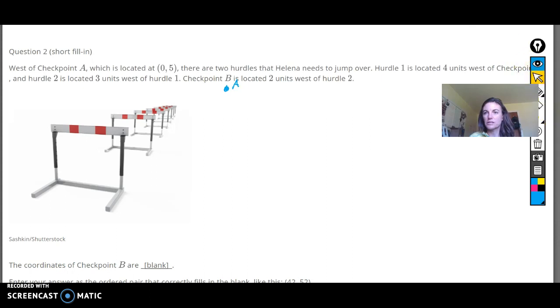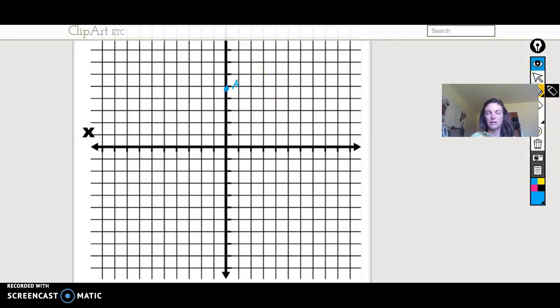Hurdle 1 is at 4 units to the west, and hurdle 2 is 3 units after that. So this is hurdle 1, hurdle 2, and then checkpoint B was 2 more units to the west. So that's 1, 2, 3, 4, 5, 6, 7, 8, 9 units to the west.